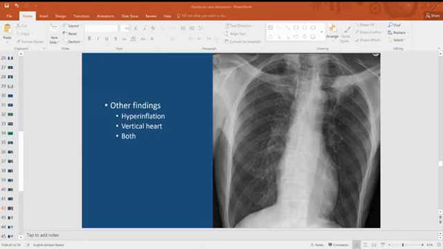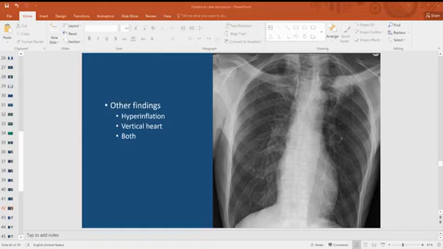Hyperinflation, vertical heart, or both? And we have the answer here: both. The patient has hyperinflation, COPD changes, and we have the vertical heart.